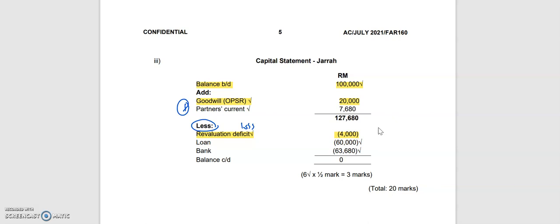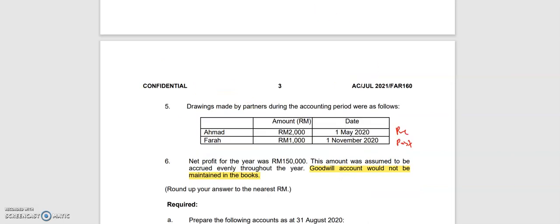So assuming she's not leaving, how much would be the balance, class? 127,680 minus 4,000. It should be 123,680. Am I right? Okay, now, since she is leaving, let us look how to settle her account.